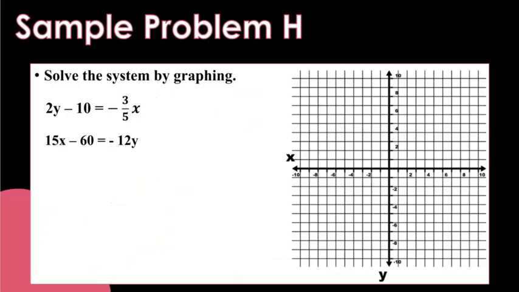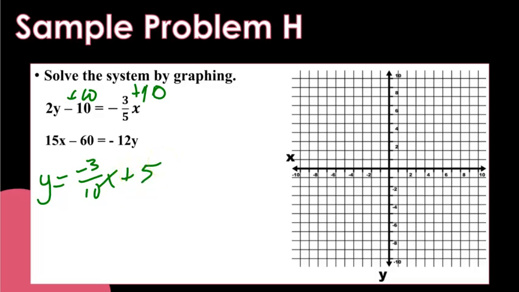Next, here we got 2 more equations. I'm going to add 10 to both sides, and then divide by 2. So that's going to be y is equal to -3/10 x plus 5.